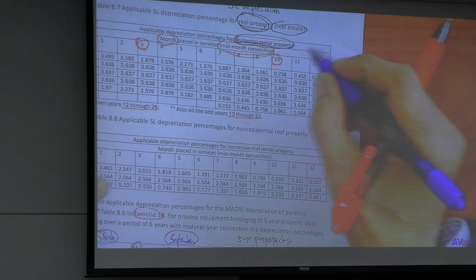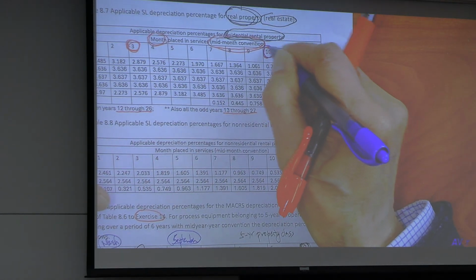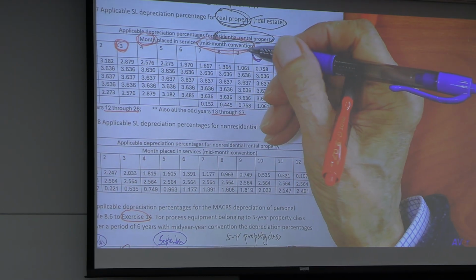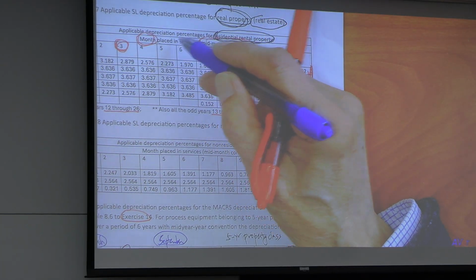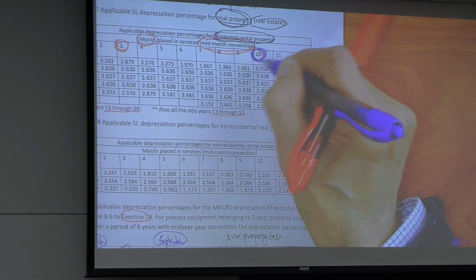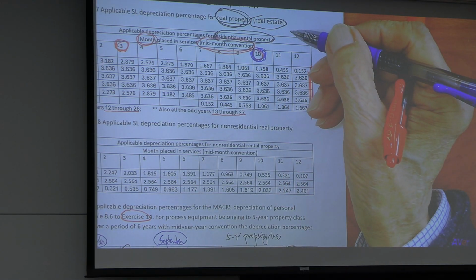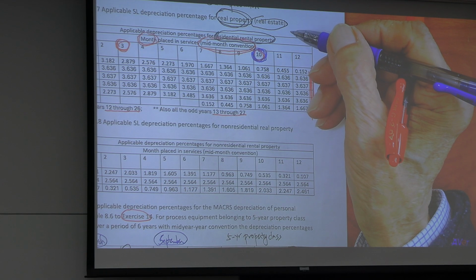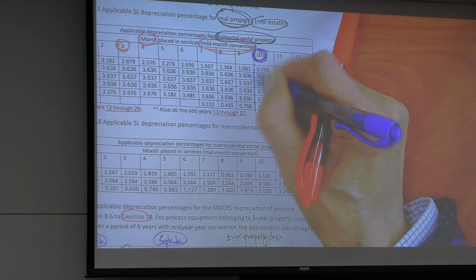Now, come back to page 48. This was bought October 1st, right? Month placed in service, October 1st. What is the annual depreciation allowed? We just did it.